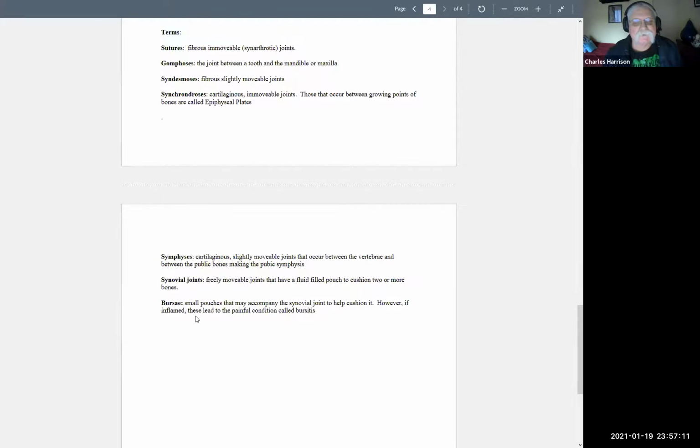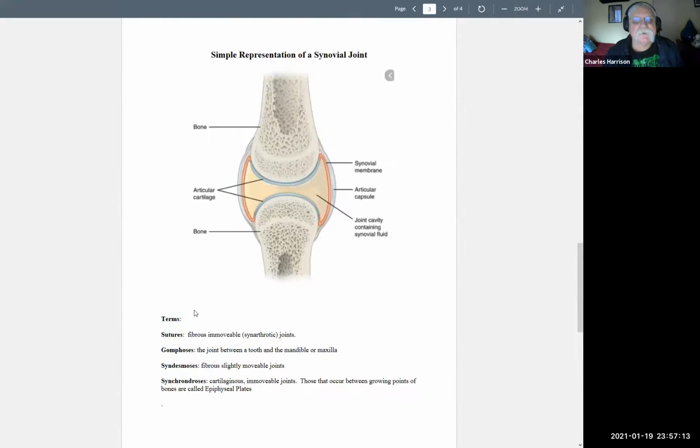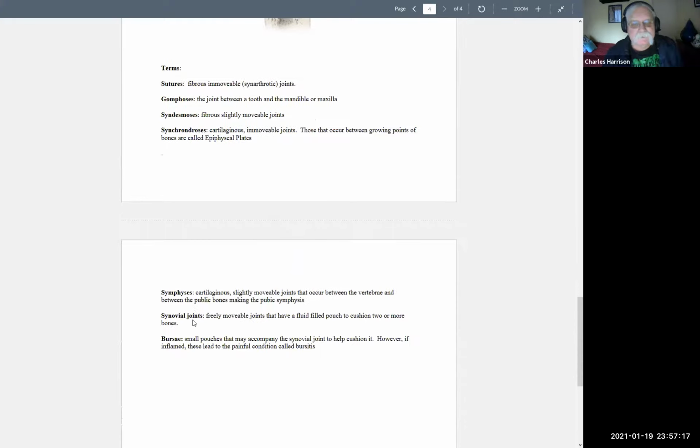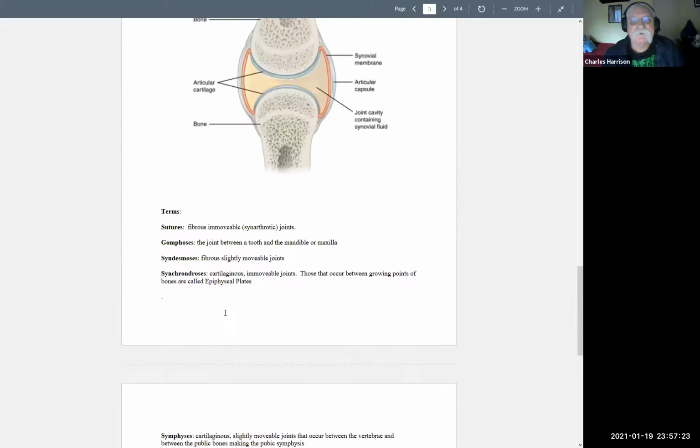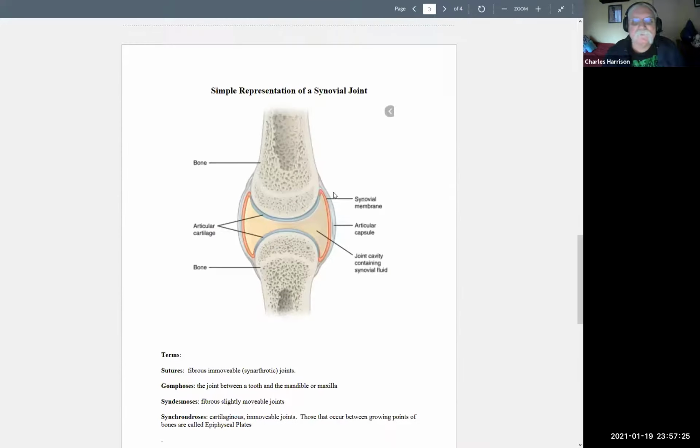The bursae, my last term, was not shown up here. These are small pouches that may accompany the synovial joint to help cushion it. Where? Here along the sides, little pouches. Unfortunately, though, they often get inflamed and lead to bursitis, and you just as soon not have them at all.